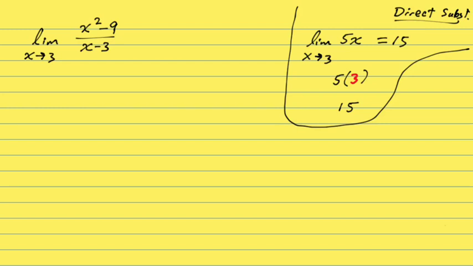But what happens when you put 3 into this? Do you get that magical 0 over 0? This is where the calculus comes in, or the very beginning of it. How do we deal with 0 over 0? 0 over 0 is called an indeterminate form.